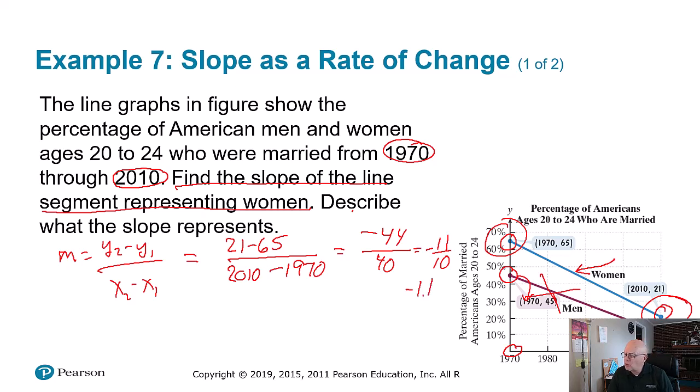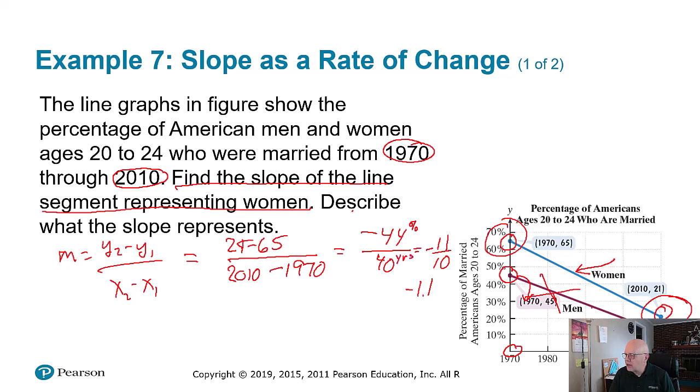Negative 1.1 what? Remember those examples I mentioned earlier? Miles per gallon, miles per hour. They have units usually. What are the units? Well, very simple. What did we subtract? The numbers we subtracted on the top were percentages.